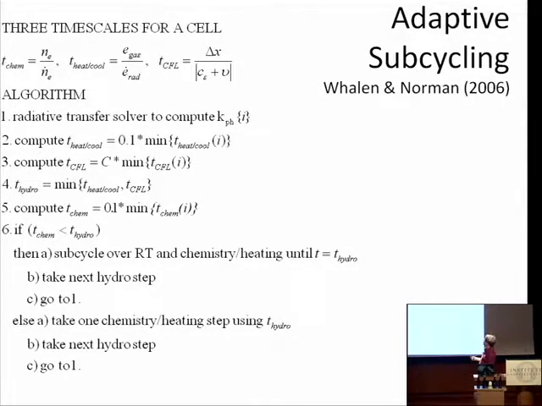And you've got the CFL condition for that cell. And so the algorithm is basically to look for the minimum of those time steps and subcycle on the shortest thing, even if that is hydrodynamics.